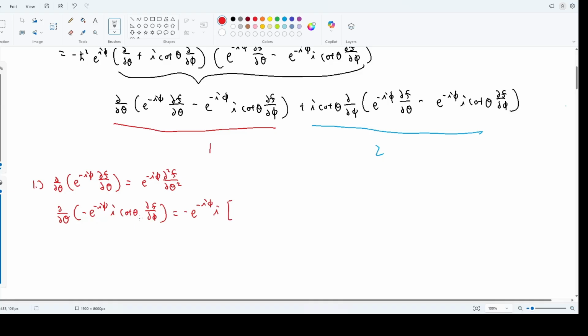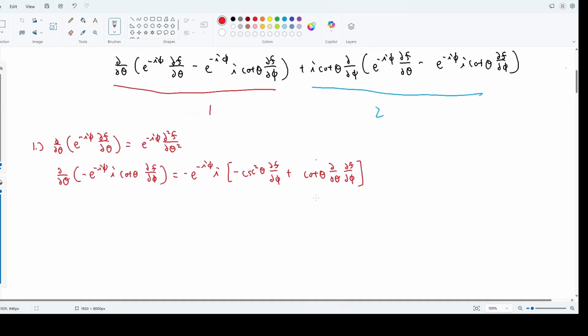So the derivative of cotangent theta, I believe that's negative cosecant squared, but let me double check because I don't remember these off the top of my head. Yeah, negative cosecant squared theta df by d phi, and then added with cotangent theta d by d theta d by d phi of f, like that.